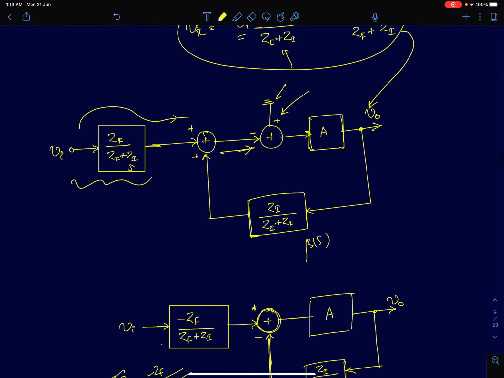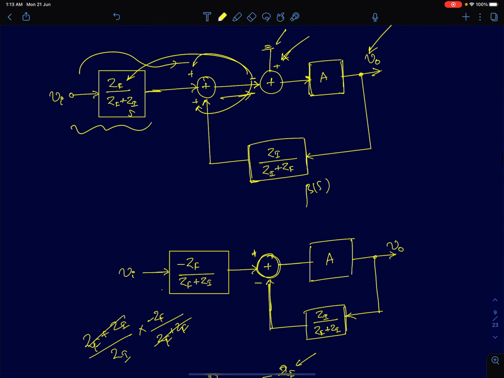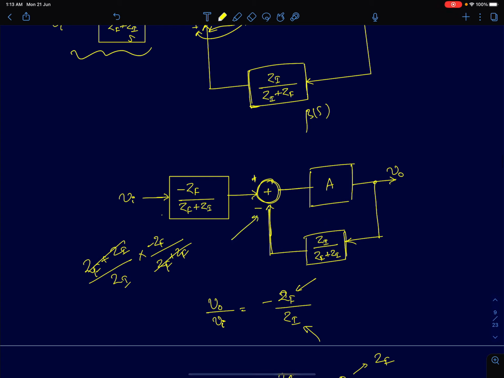Again, the same logic holds. I can just do some quick modification of the diagram. I can remove the summer and bring the minus sign to both these terminals. So I'll bring the minus sign into this gain factor, which is the fraction Zf by Zf plus Zi, and I'll bring the other minus sign to the summer, making it a negative.